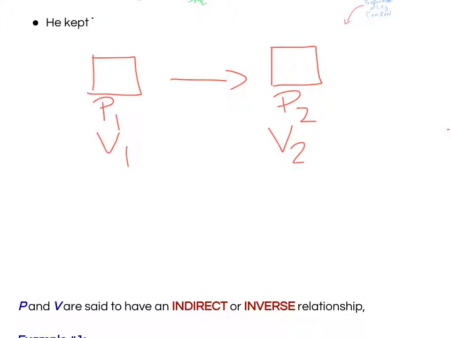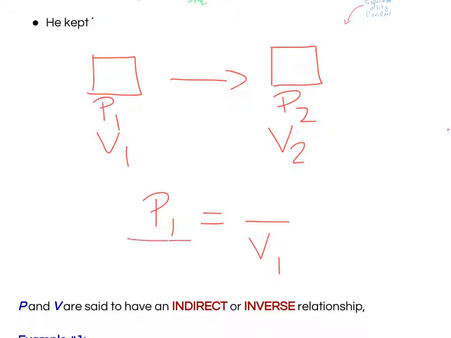So those are our variables, and we know that there's an indirect or inverse relationship between pressure and volume. So my pressure 1 is going to be proportional to 1 over my volume 1, since they're on opposite sides of the fraction.